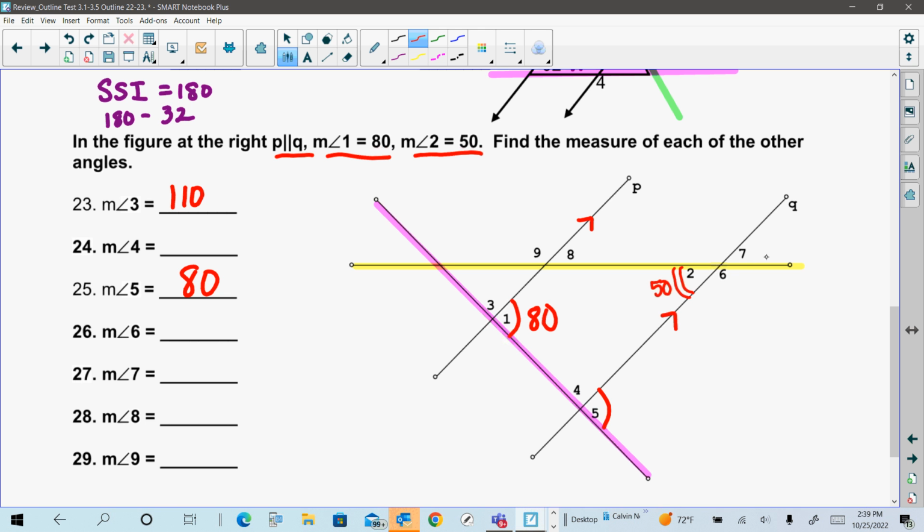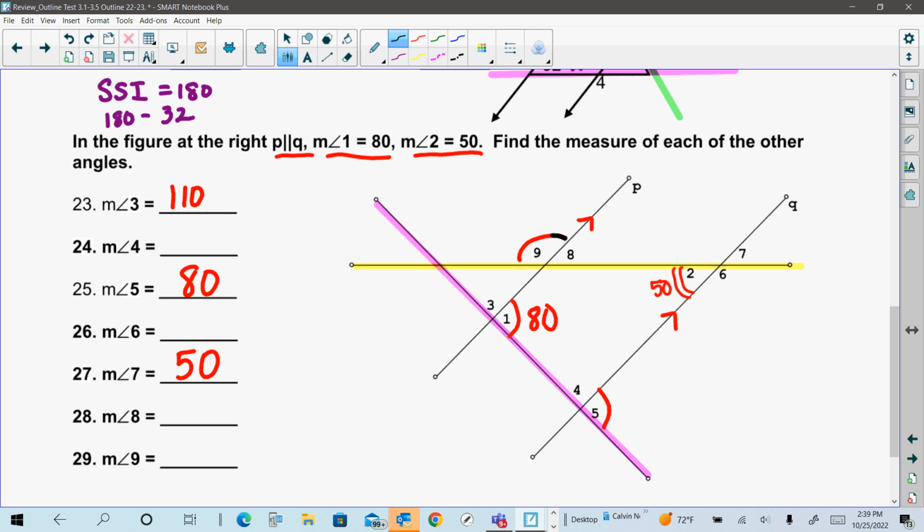Angle 7, hopefully you see it's vertical to angle 2. So right there it's congruent and it's 50. And then angle 9, which is over here. If I'm trying to use another angle as an alternate, maybe exterior angle here.